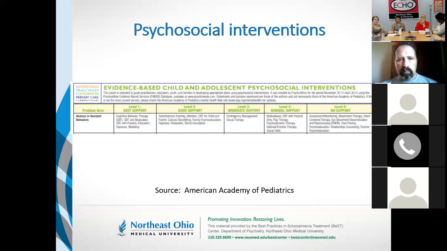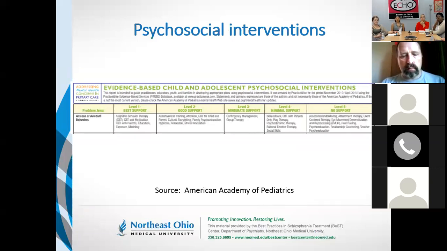Level 4, or minimal support, we have biofeedback, CBT with parents only, play therapy, psychodynamic therapy, rational emotive therapy, and social skills. In the last column, which is quote unquote no support, is assessment monitoring, attachment therapy, client-centered therapy, eye movement desensitization and reprocessing, peer pairing, psychoeducation, relationship counseling, teacher psychoeducation.